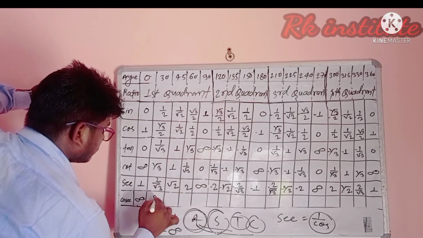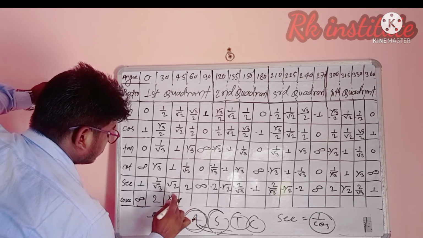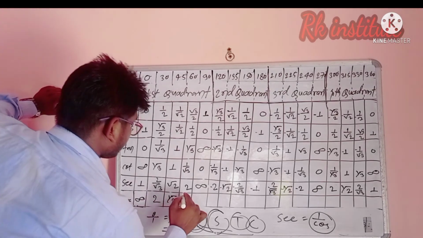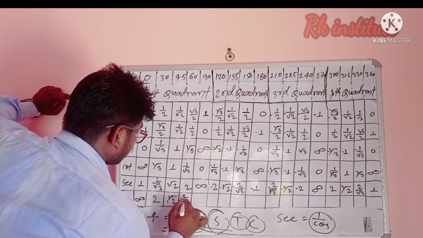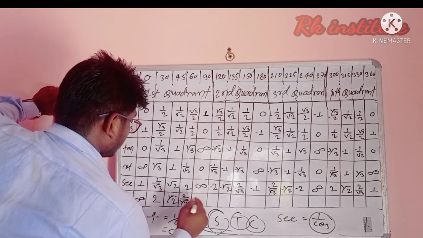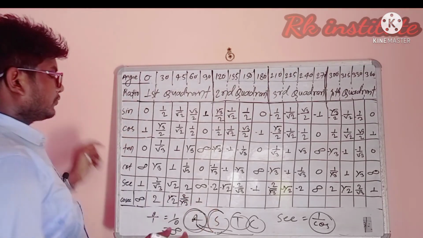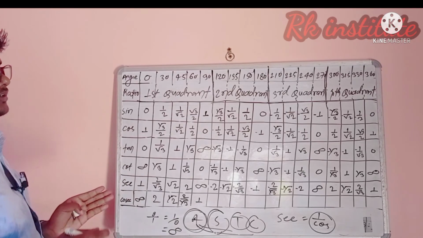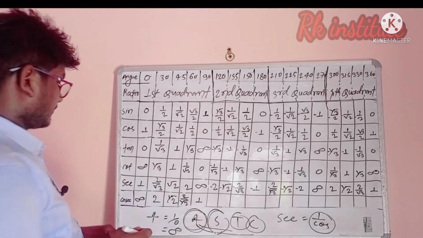Infinite, root 2, 2 by root 3, 1, and we follow the same condition. Which condition did we follow above?